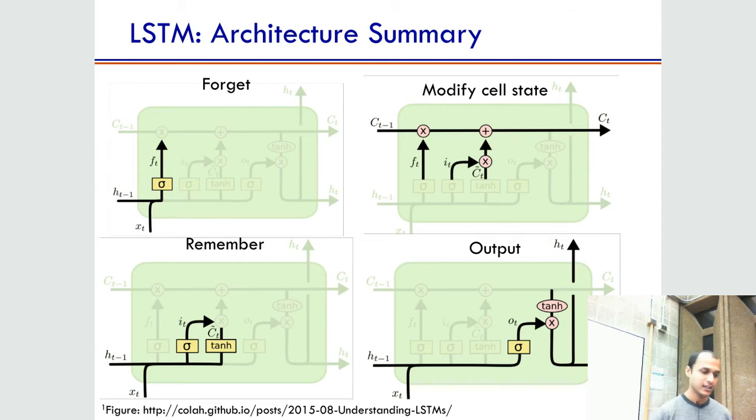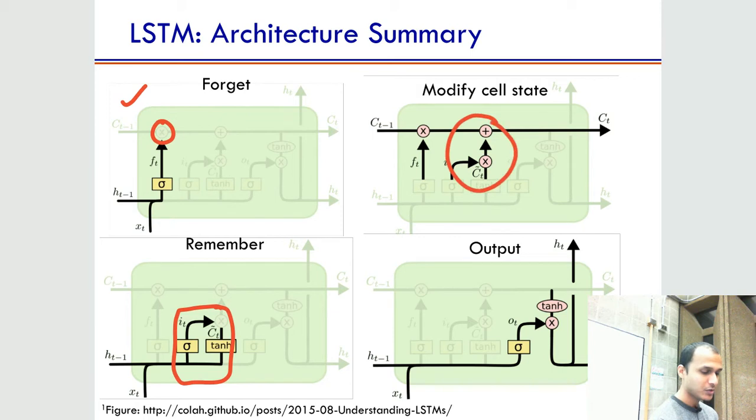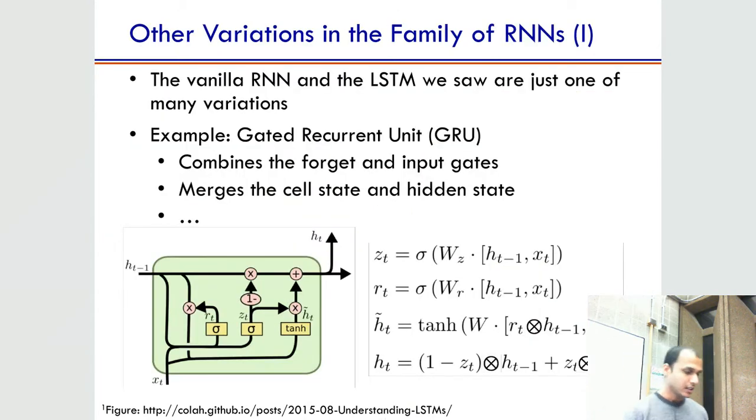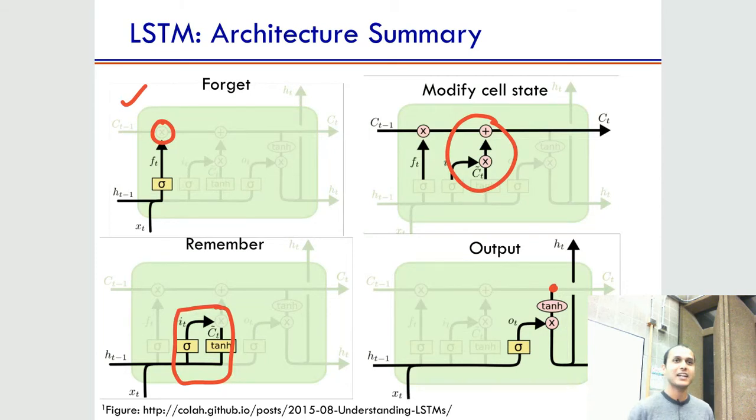This we saw, it sets some coordinates to 0. This we saw, it creates some new information. And then given the new information, modify, and create ht as output using ct, the cell state. Is that fine? So that's LSTM actually. Any questions about the LSTM architecture?